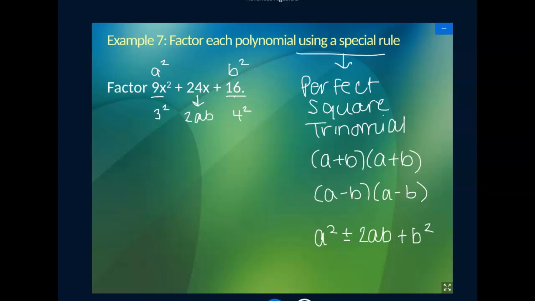So that sign could either be positive or negative. So in this case, it's positive. So that means this looks like 3x plus 4, 3x plus 4. You can also write it as 3x plus 4 squared.